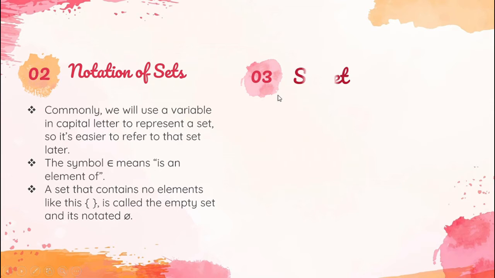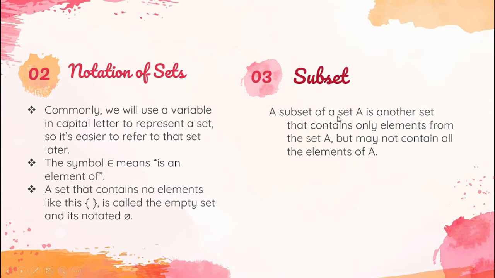3. We have subset. A subset of a set A is another set that contains only elements from the set A, but may not contain all the elements of A. If B is a subset of A, we can write B ⊆ A like this, with this symbol.